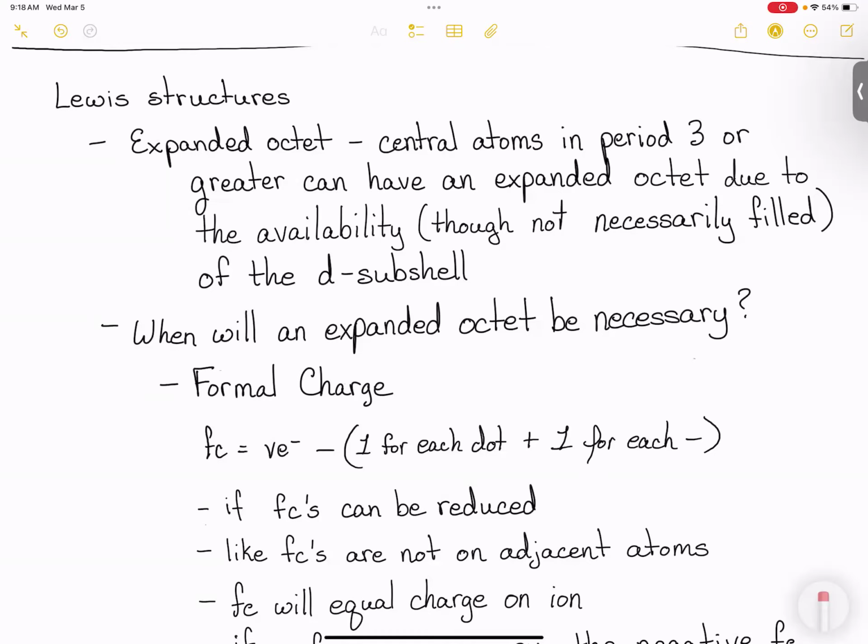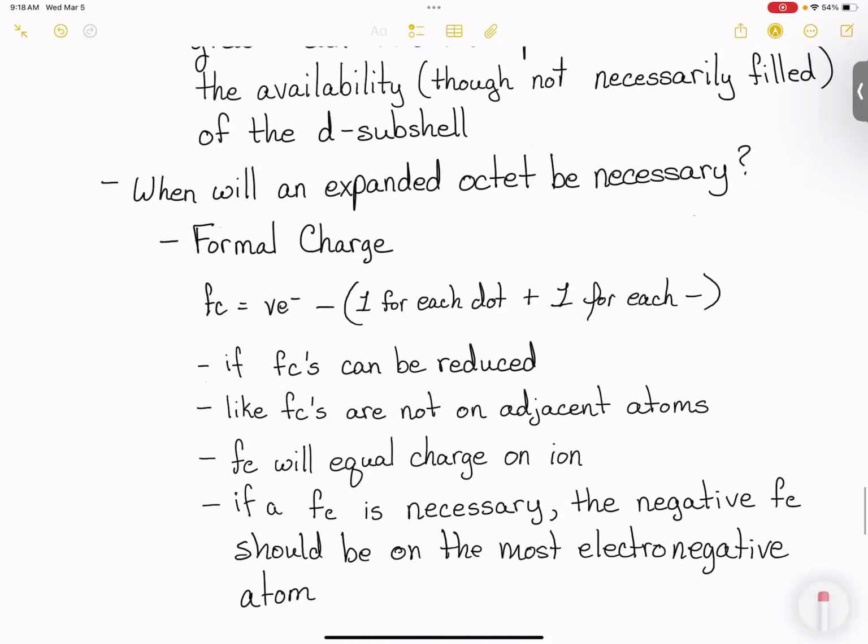When will an expanded octet be necessary? Well, that's based off of its formal charge. So formal charge is calculated as the atom's number of valence electrons, and from that, you're going to subtract 1 for every electron that is a dot, and 1 for every line.